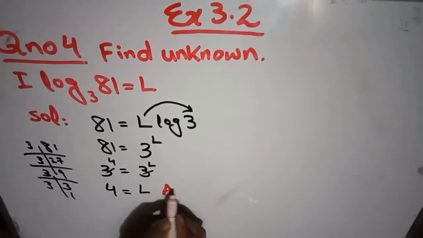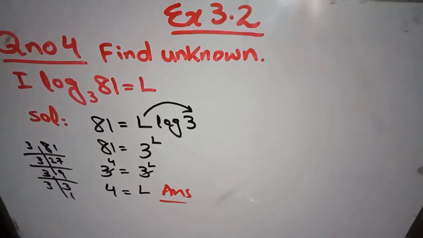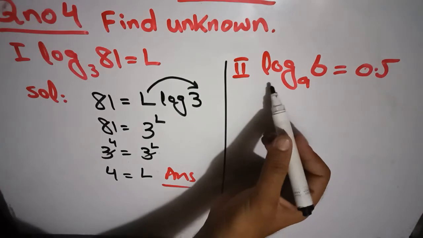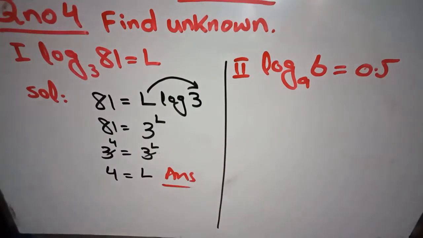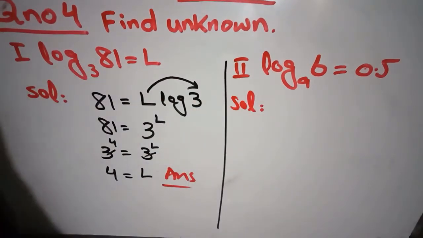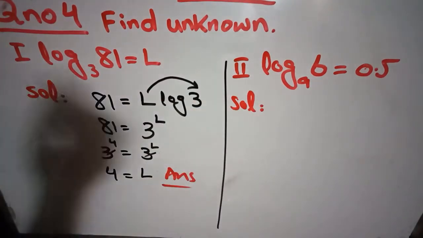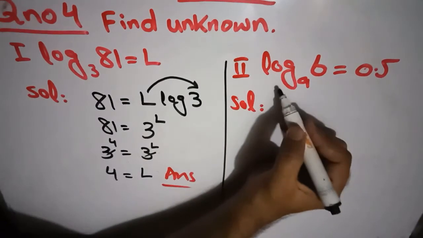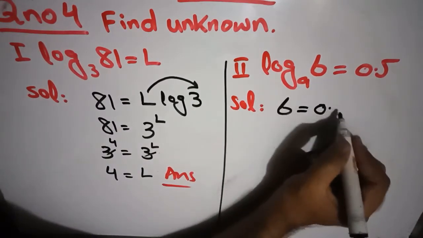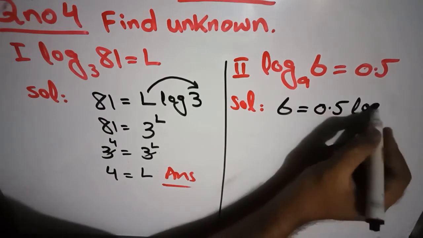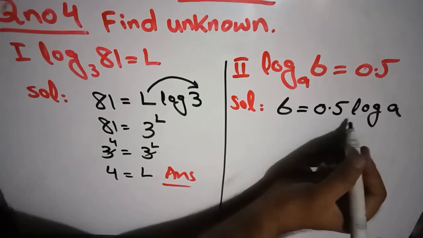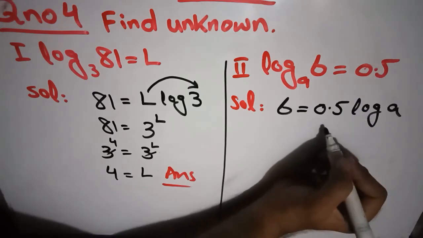You can just mention it. Okay, let's do the second part of this question. The second part is log base a of 6 is equal to 0.5. So this is the base on this side, but on the other side you write the unknown variable multiplied with 0.5.